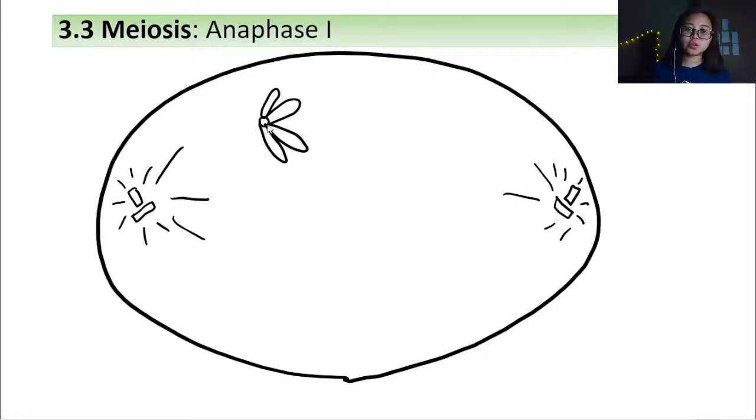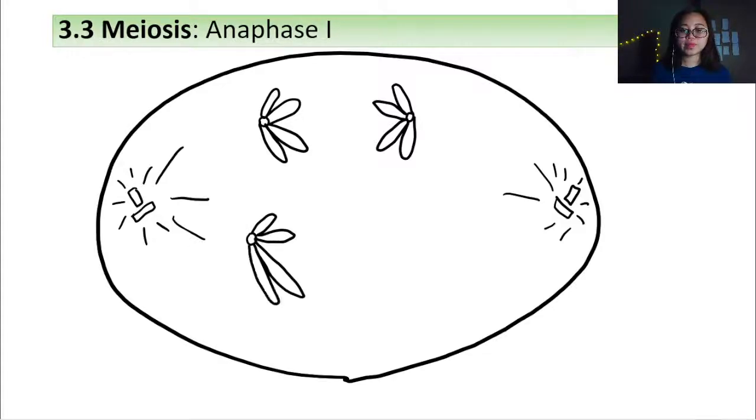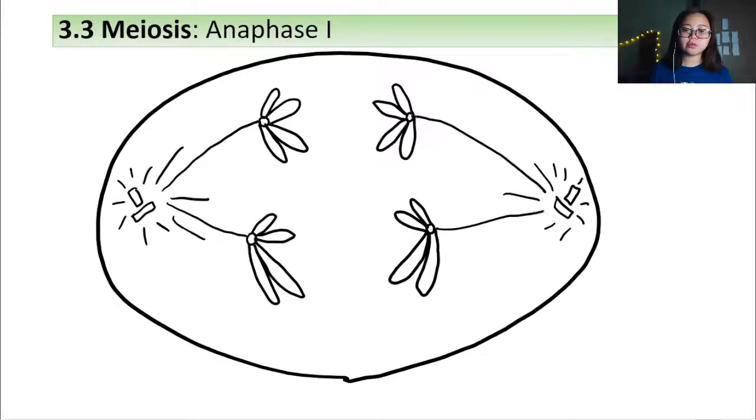Mesti centromere lebih dekat kepada centrosome. Ini pun macam ni, opposite direction. Here's the other chromosome and its homolog. And then I draw the spindle fiber. Sekarang saya kasih warna. Kamu boleh nampak bila saya kasih warna, ada crossing over yang berjaya.